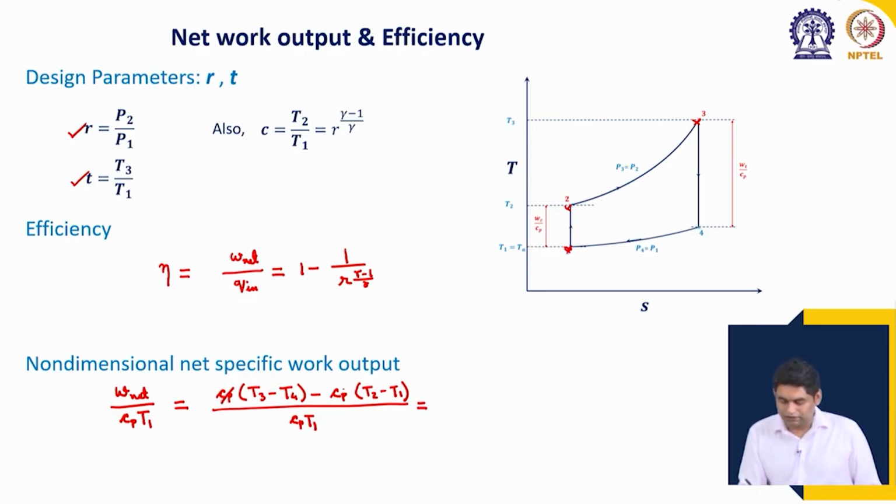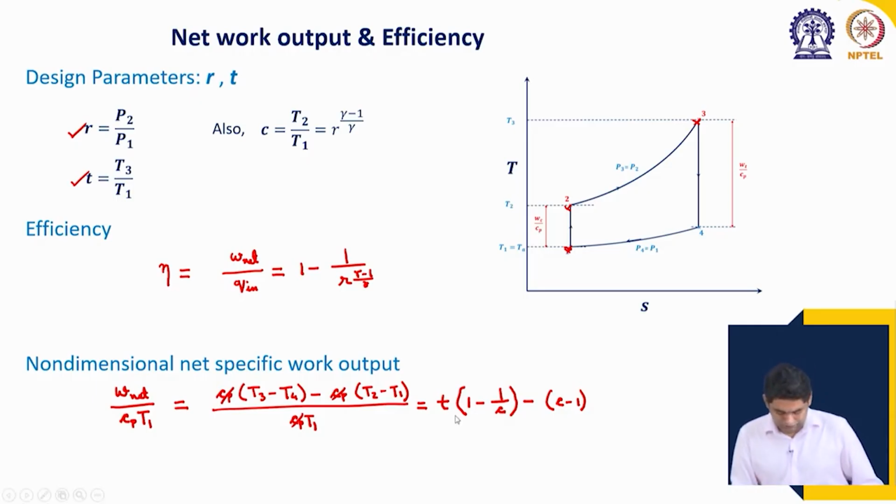By cancelling the Cp values, we got an expression of this form: T (1 minus 1 by C), where C and T are as defined above, minus (C minus 1). This we had defined in the previous class. Now we can plot the variation with respect to T and C, or T and R, as C is directly representative of R. So, we can plot this and find the variation of the net specific work output.